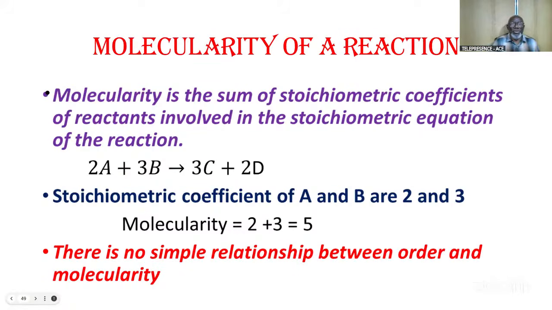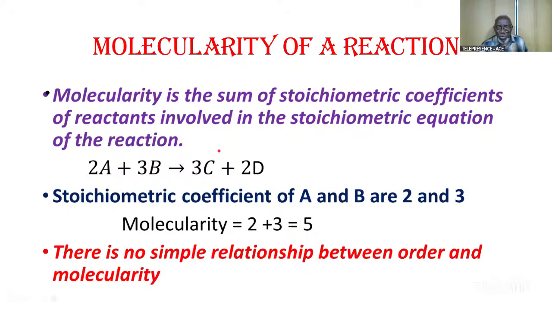I want you to know that molecularity of a reaction is the sum of the stoichiometric coefficient of a reactant involved in the stoichiometric equation of the reaction. For example, in this reaction, we have 2A reacting with 3B to form 3C and 2D.